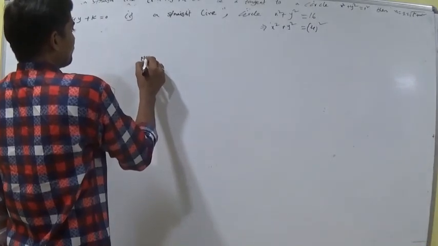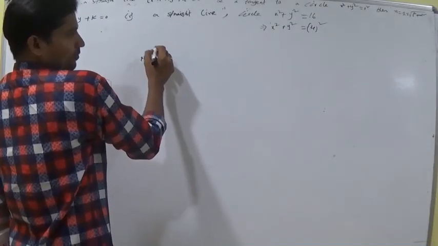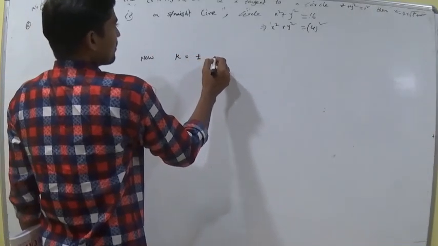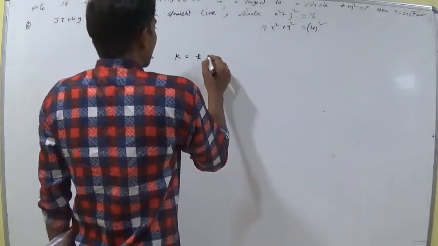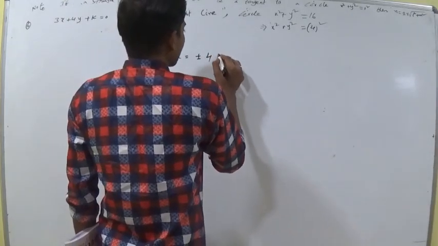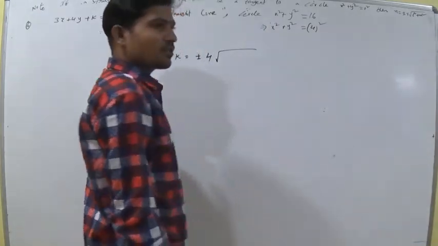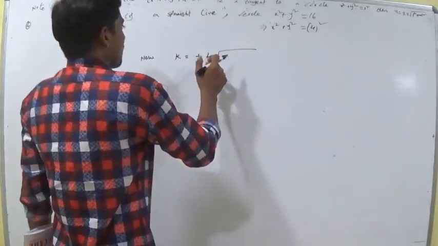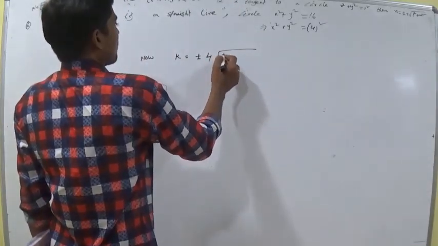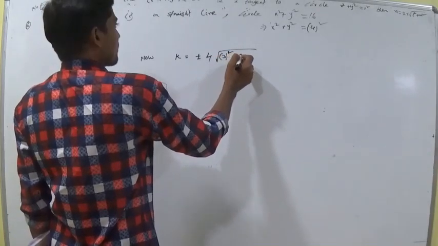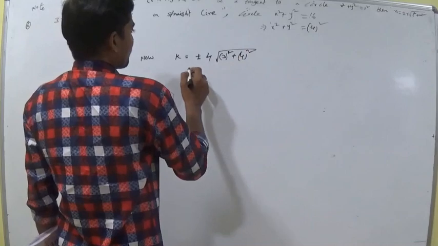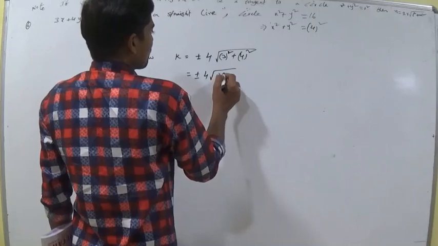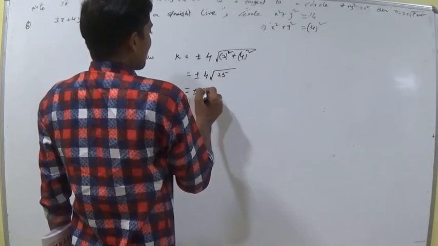Now k equal to plus or minus r, with r equal to 4, square root of, this is x square plus y square equal to r square form, so this is r, l square 3 whole square plus m square 4 whole square, which is equal to plus or minus 4 square root of 25, equal to plus or minus 20.